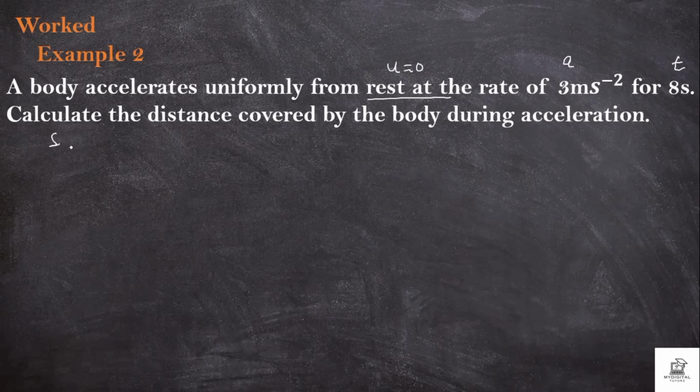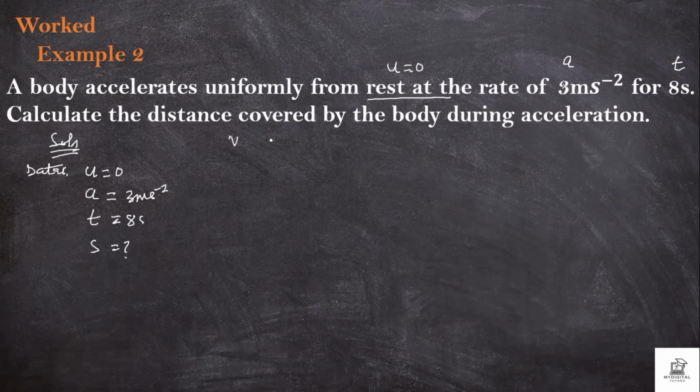Solution. So the data we have are: U is equal to 0, A is equal to 3 meters per second squared, and time T is equal to 8 seconds, and we're looking for distance S. Which of the 3 equations of motion is appropriate to solve this problem?